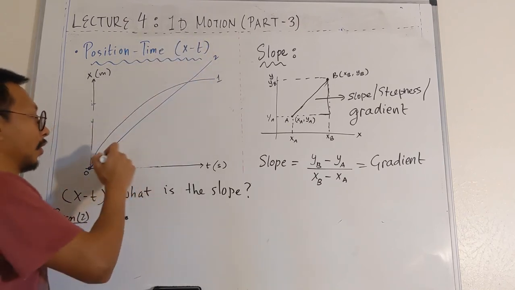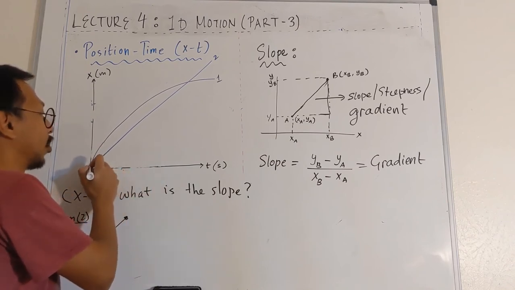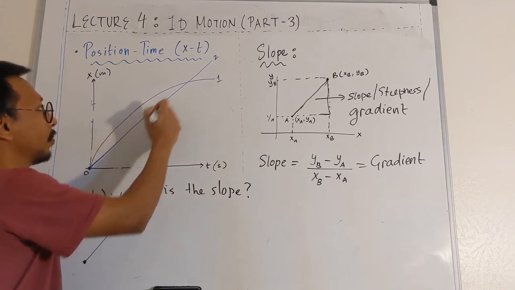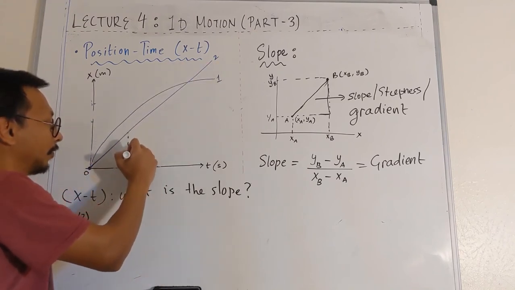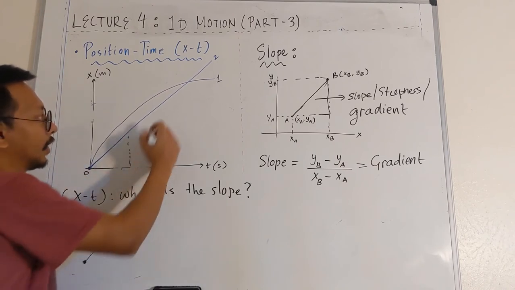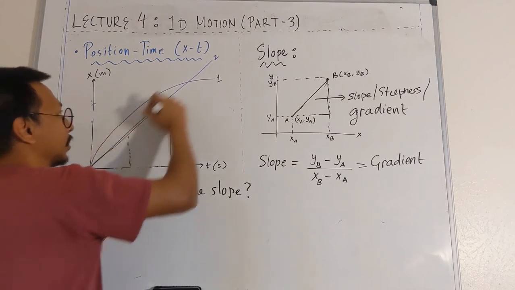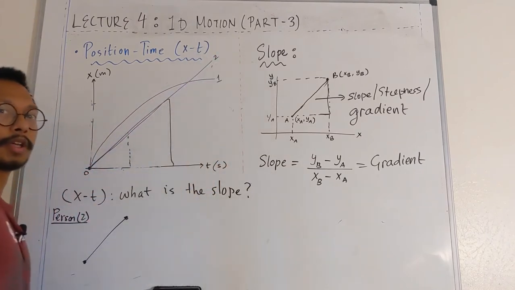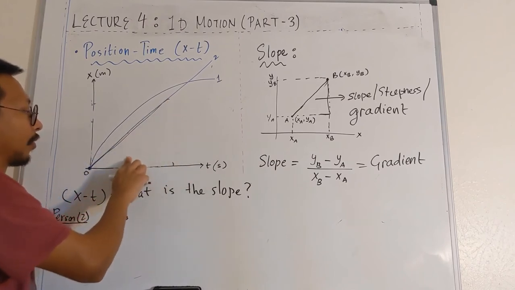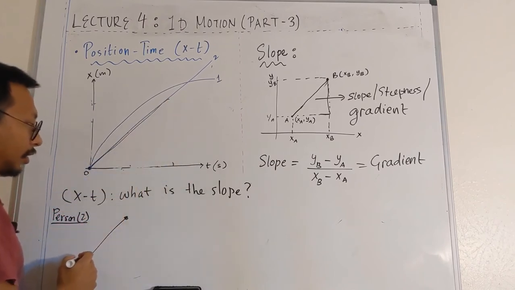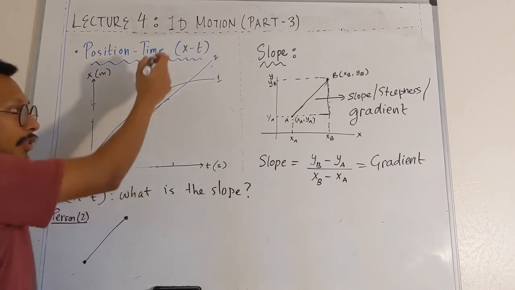The point that I want you to understand is that the slope of a straight line is constant throughout, meaning the slope of this triangle is the same as the slope of this bigger triangle and the same as the slope of the biggest triangle, because a straight line means constant slope throughout. So to calculate your slope for person 2, you can use any 2 points on the straight line.